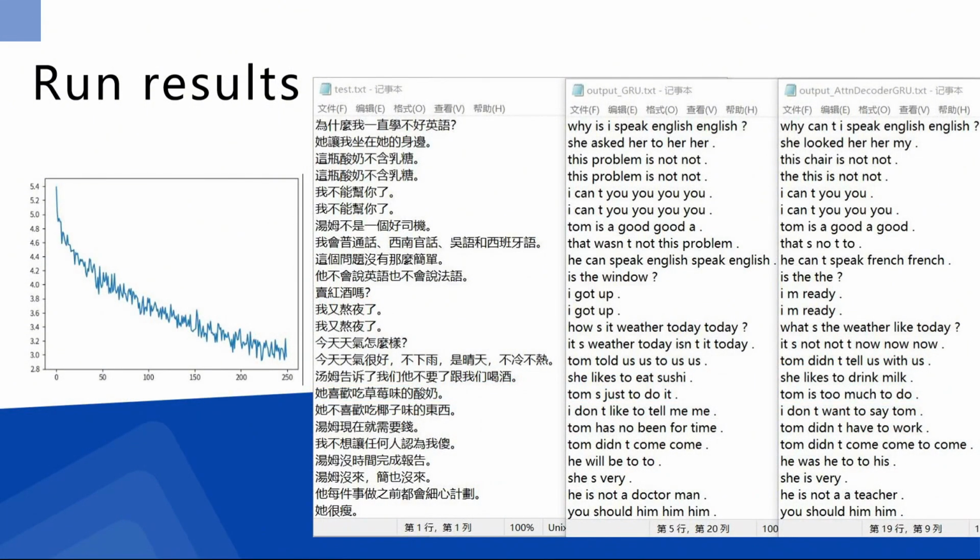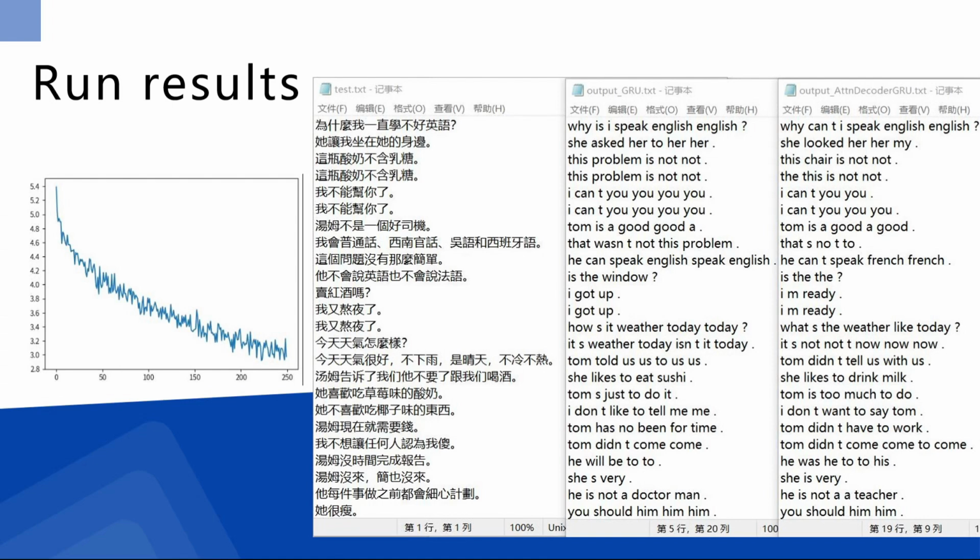First, from the loss graph, the final loss value with the attention mechanism is slightly lower than that without it, by about 0.1. In terms of actual translation quality, the model with attention performs better. For example, the sentence "What's the weather like today?" was translated by the GRU without attention as "How's the weather today?" Or with attention, it was translated as "What's the weather like today?" which is completely correct.